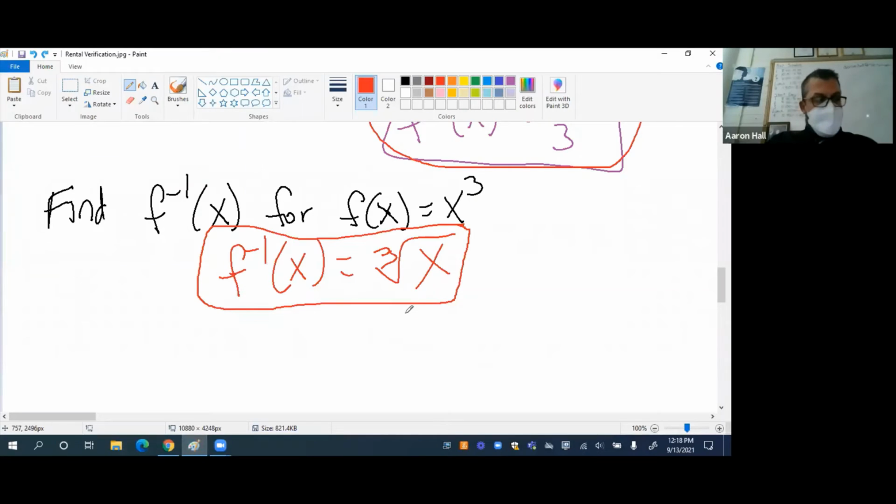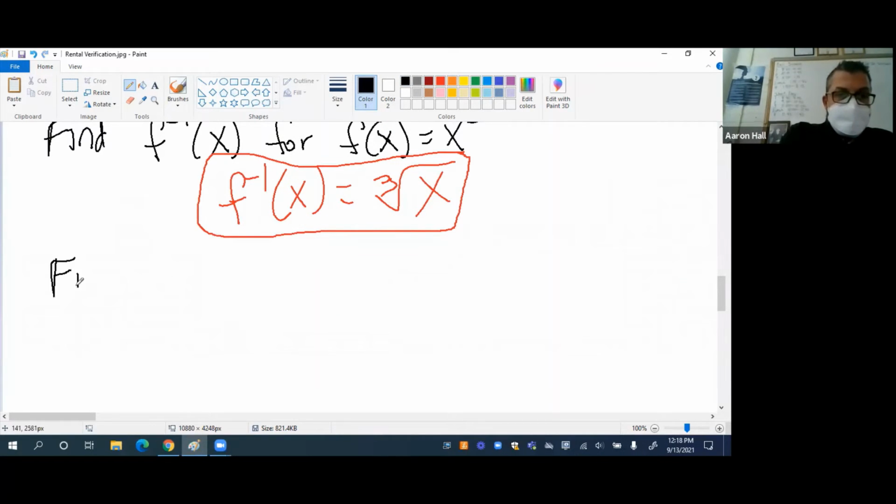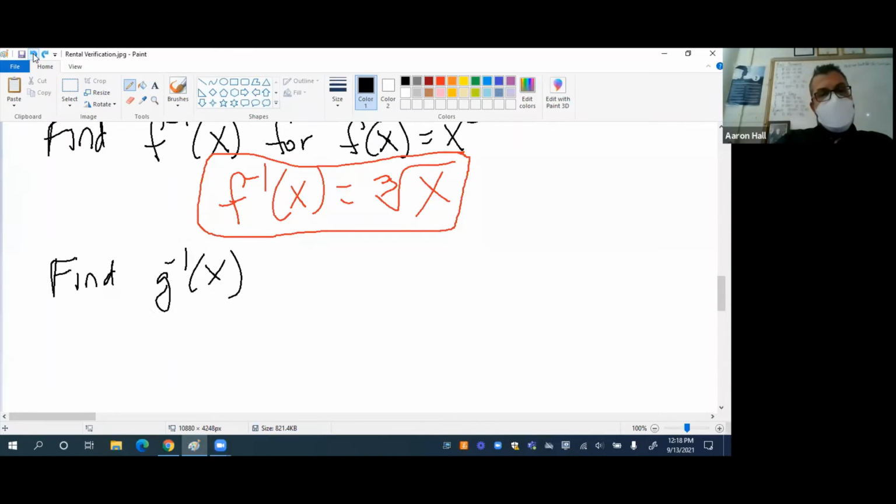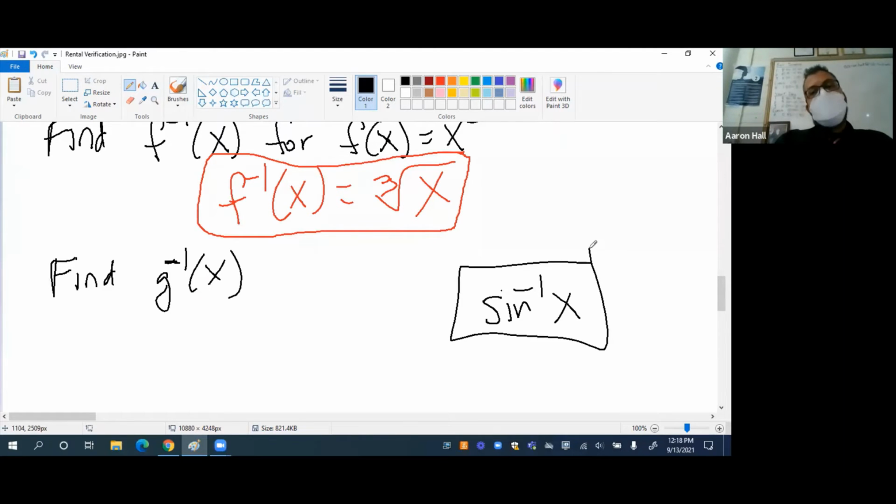Okay, all right, let's do another one. Find, what does this say right here? The inverse of g of x. Do not get this confused as an exponent, because we're going to see something like this later. What does this mean here?